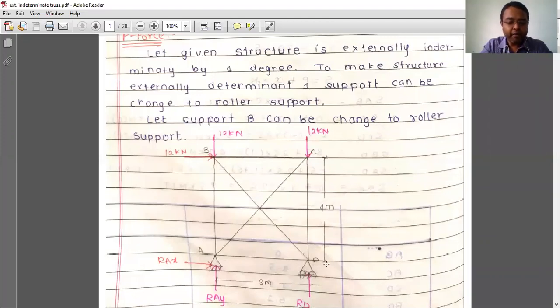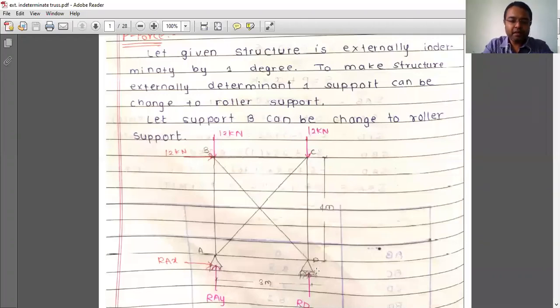That means I have removed HD, the horizontal reactive component at joint D. In this example, I have taken HD, the horizontal reactive component at joint D, as the unknown. So I remove this HD at joint D. That's why at joint D there is a single reactive component, RD. So it is just like a roller support at joint D.